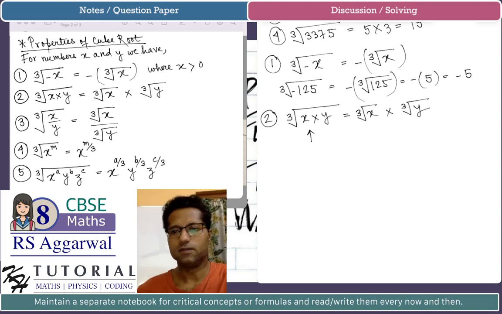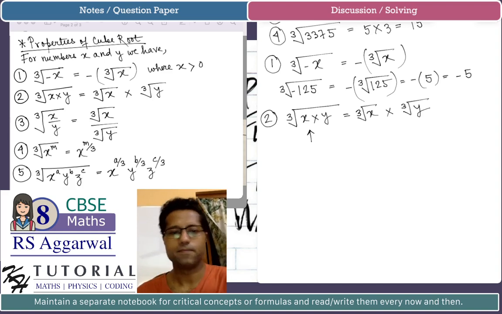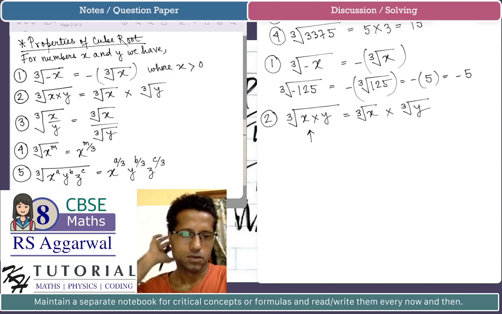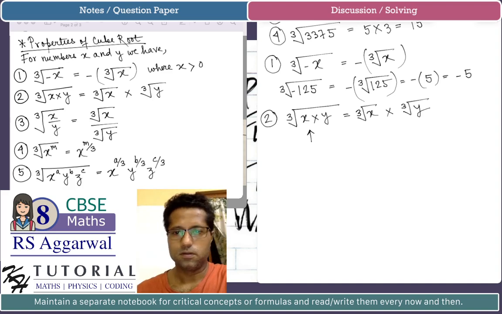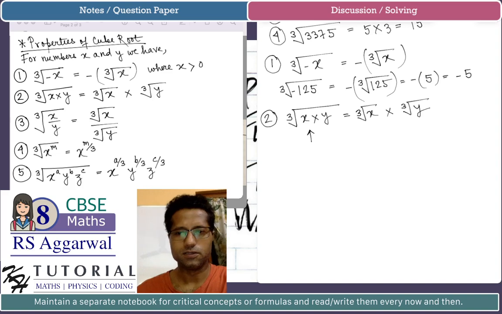Sometimes you will be given a number in the form of the right hand side, and then it will be convenient to convert that to the left hand side. So this is the basic formula, or the result, you can say, property. Let's discuss all the properties, then we will solve some problems.